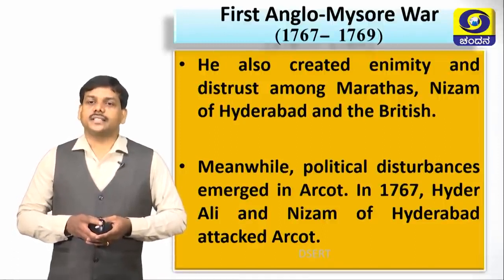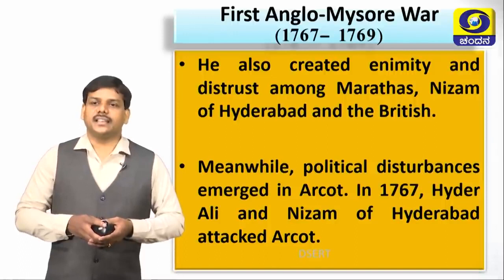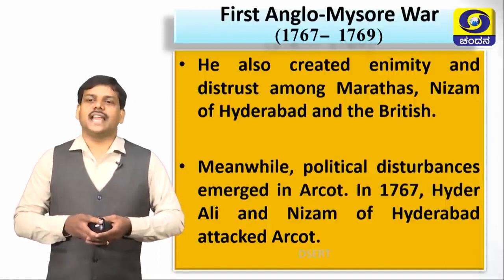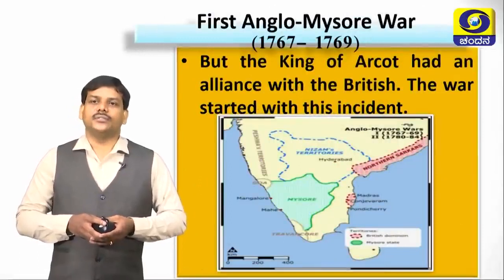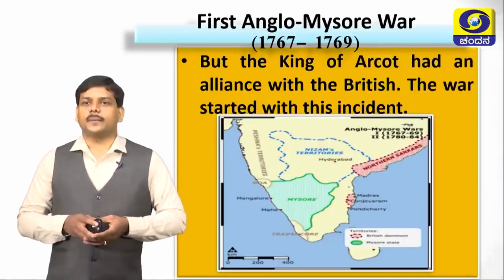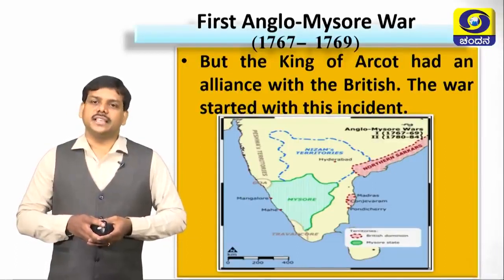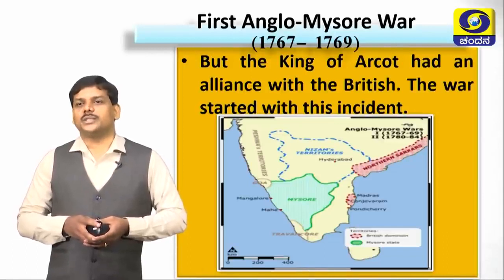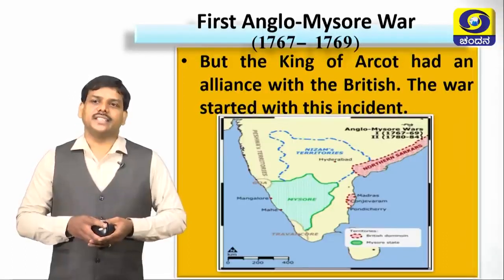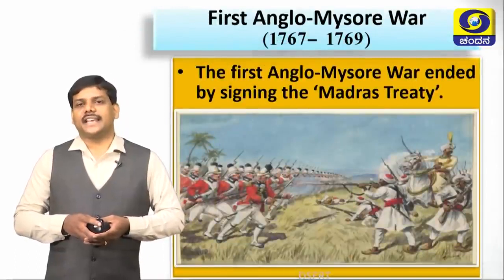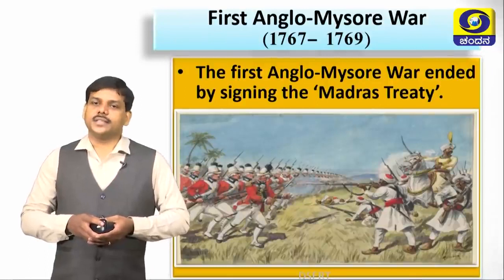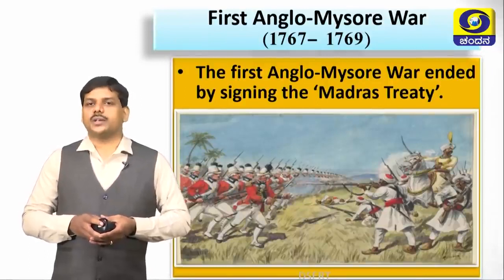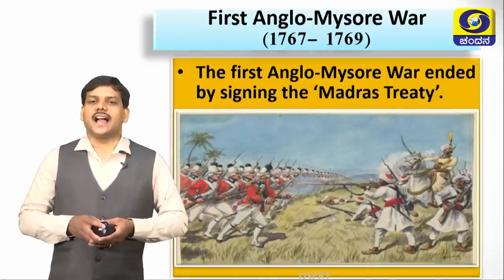In the year 1767, Hyder Ali and the Nizam of Hyderabad attacked Arcot. After this incident, the first Anglo-Mysore war started, because the king of Arcot had an alliance with the British. In this way, the first Anglo-Mysore war started in the year 1767 and later came to an end by the Treaty of Madras.